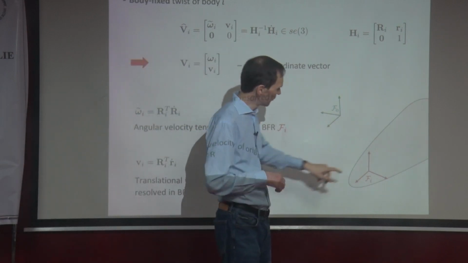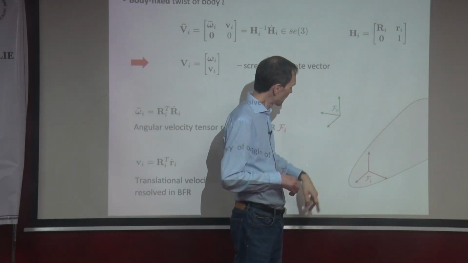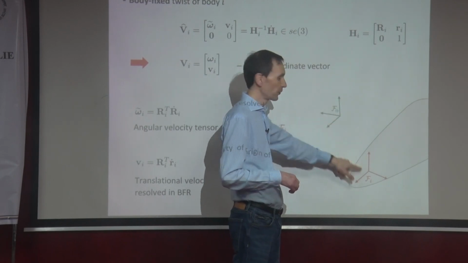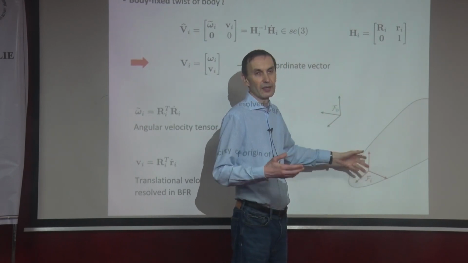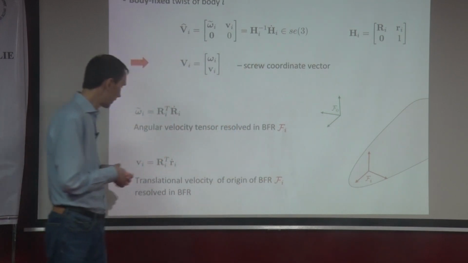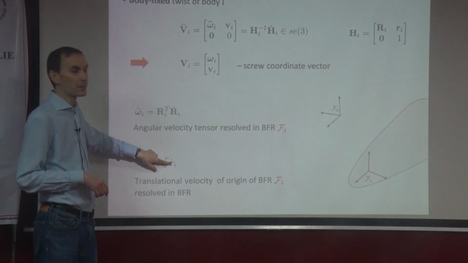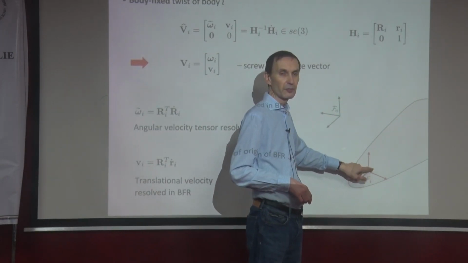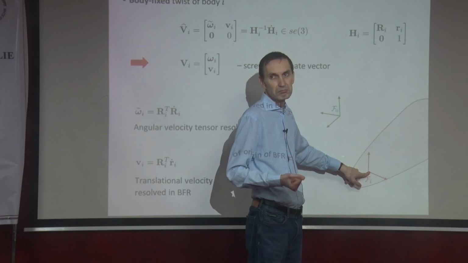I would like to know the velocity of this point relative to the space-fixed frame when I know the position vector. Well, you can say, okay, this is r dot, right? If Ri is the vector that goes from here to here, then the velocity of this point is r dot.